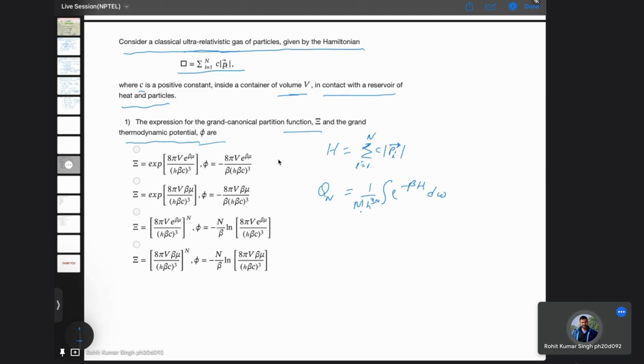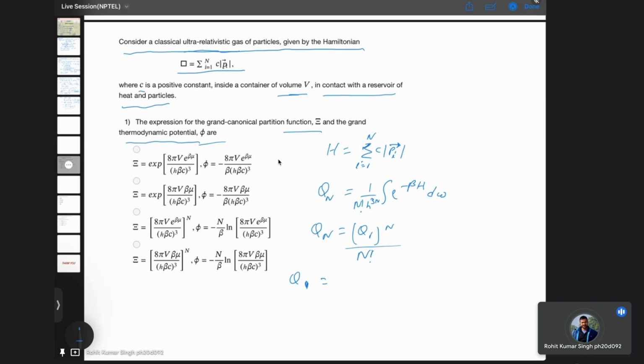We can calculate, or yeah, we know that Qn is just Q1 to the power n, right, divided by n factorial. So we can easily calculate Q1.